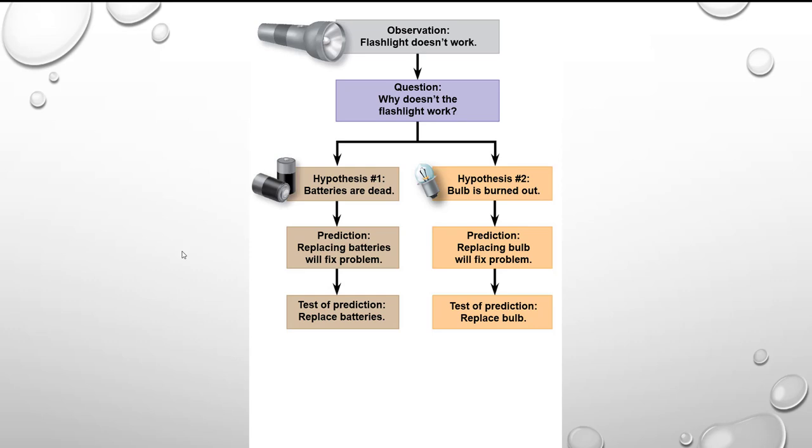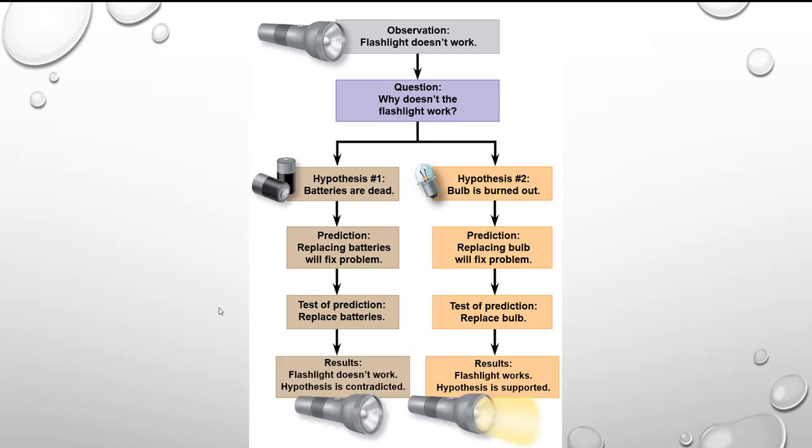If it doesn't work, then I reject my hypothesis. So we test through experimentation. In this case, the results were that the flashlight works when we replace the bulb. So the first hypothesis was not supported, but the second hypothesis was.